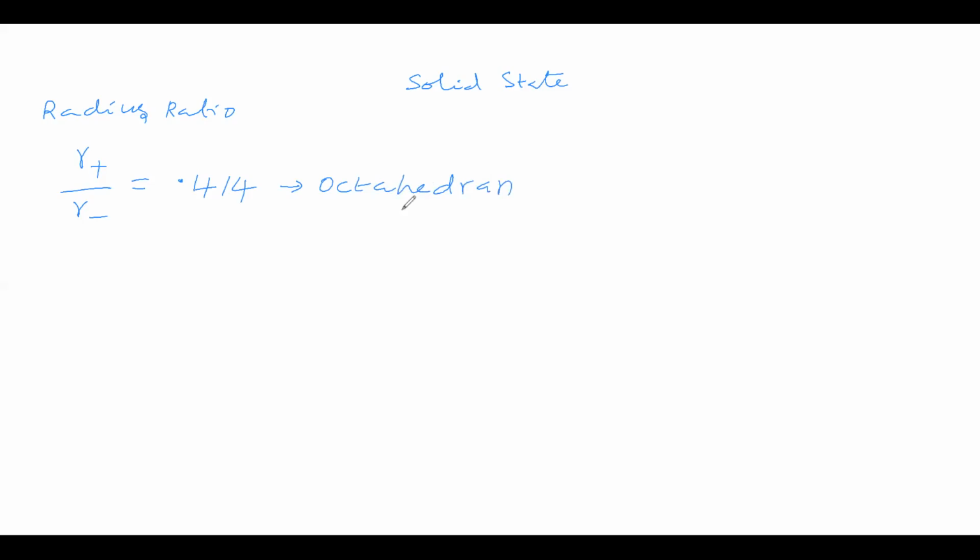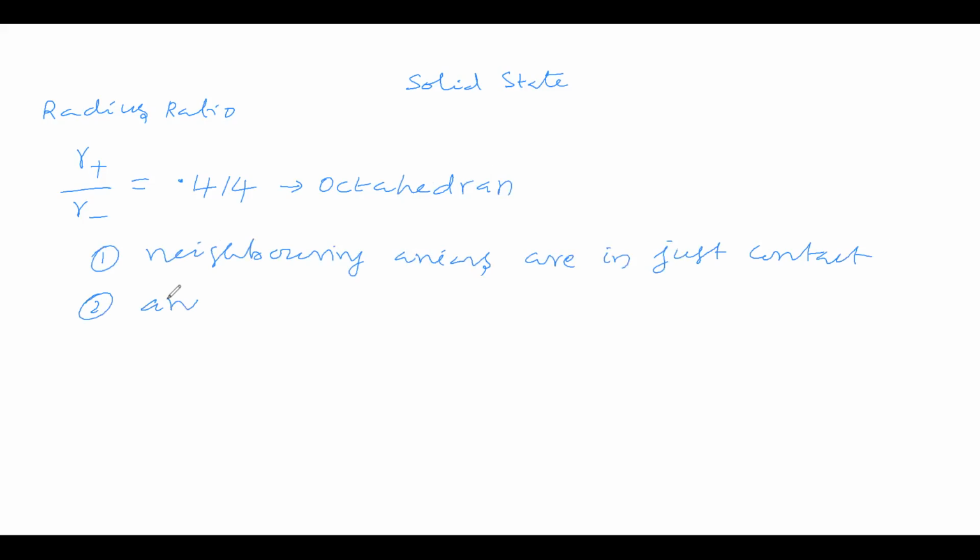For octahedron, what is the assumption we considered? One assumption is that neighboring anions are just in contact.